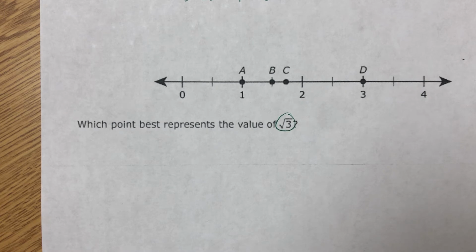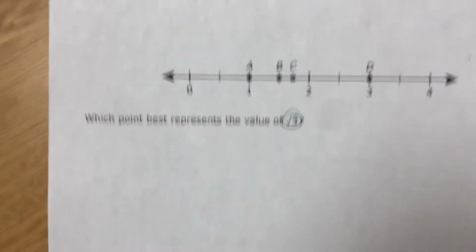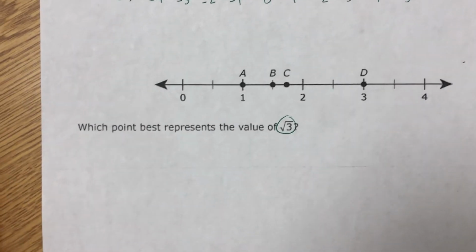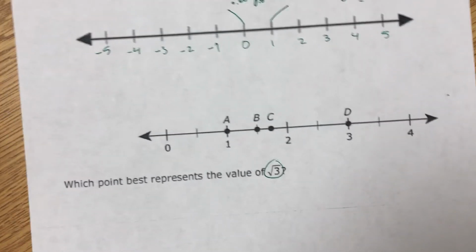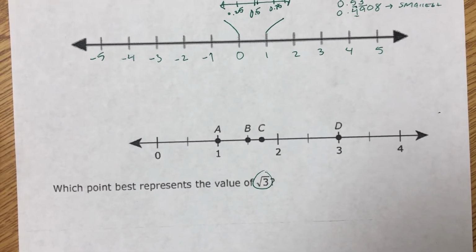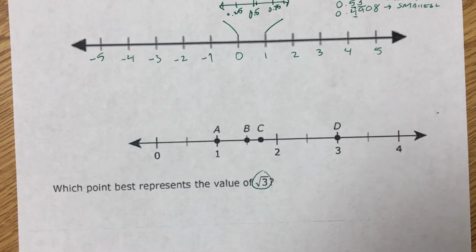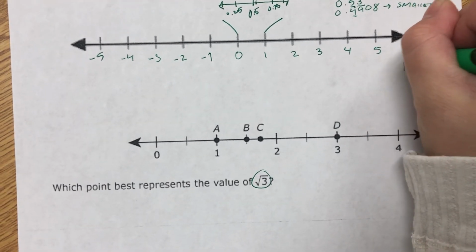We don't just put this on the 3 on the number line. We have to actually find the real value of it, even if we had a fraction. Let's say I had 11 over 3. I'm going to write this down.